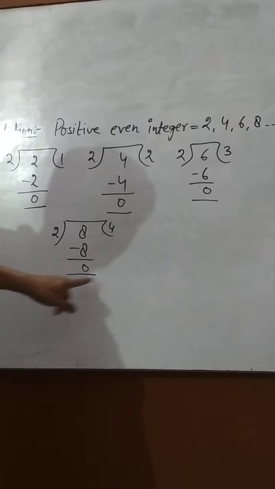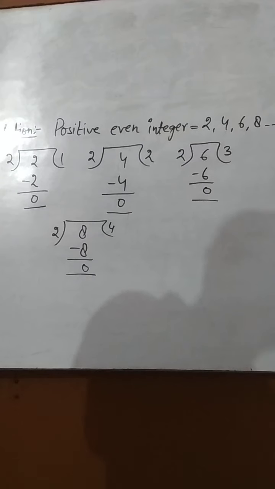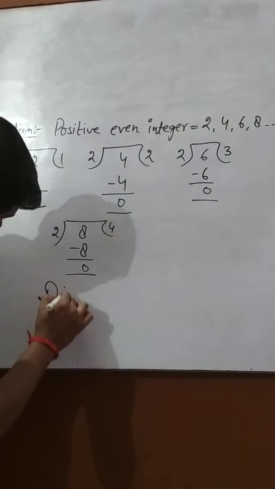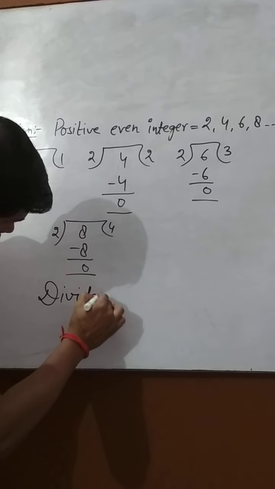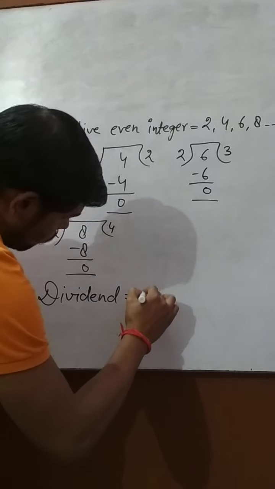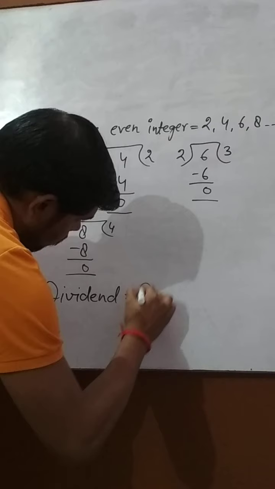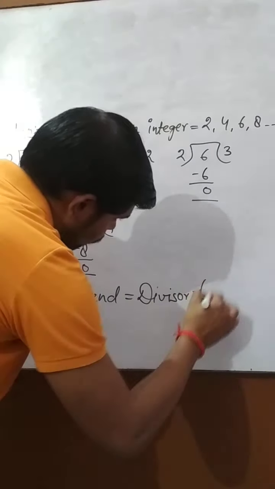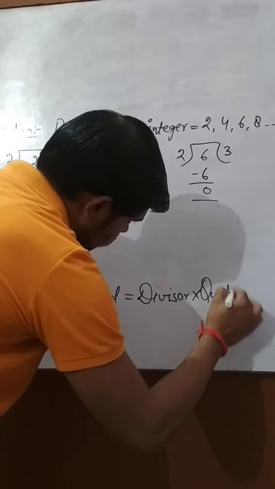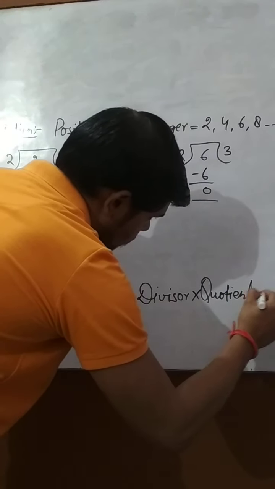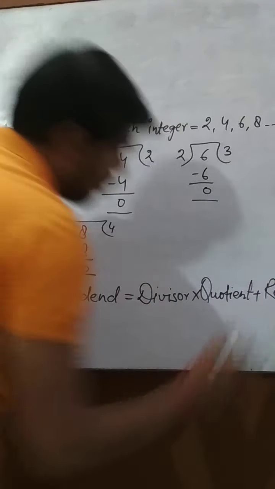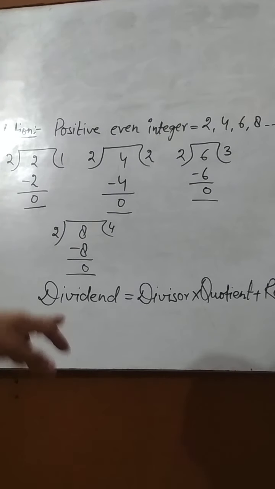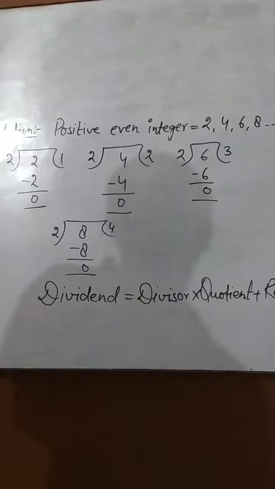After that, we know Euclid's division lemma: dividend equals divisor into quotient plus remainder.